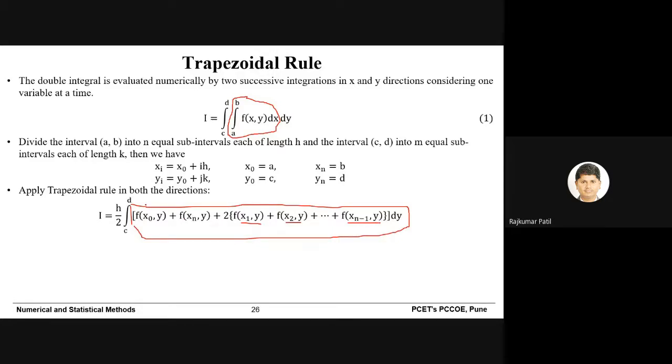So basically first term plus last term plus 2 into all remaining terms. This is the answer that you get when you take the first integration.